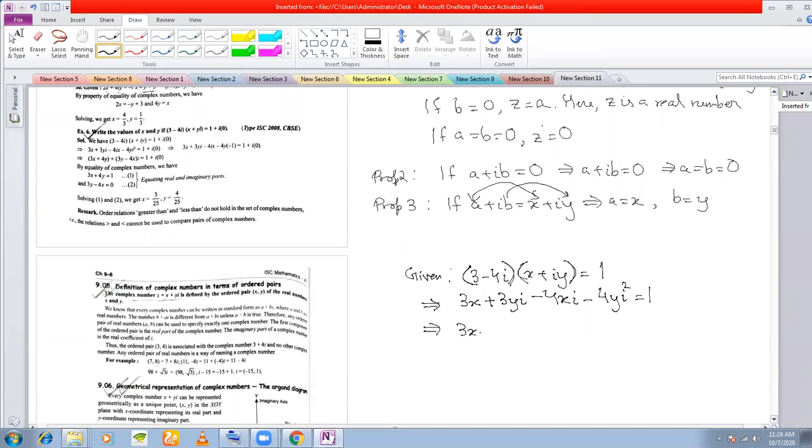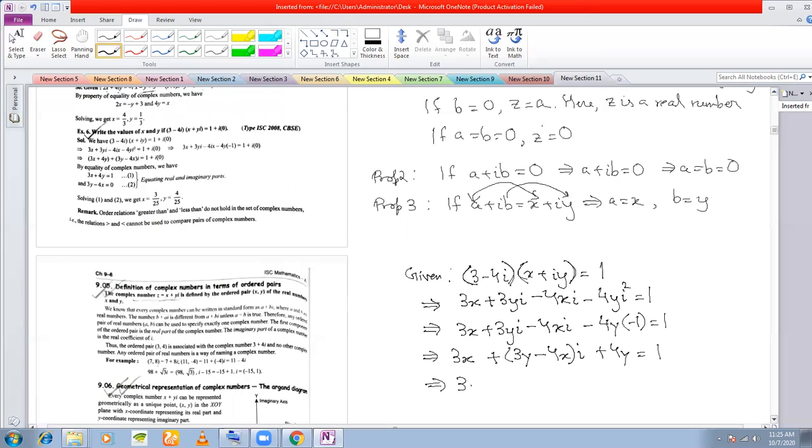That means 3x plus 3yi minus 4xi, and i square is minus 1. That means you get 3x, and now you take the i's together. So 3y minus 4x I have taken together, and this becomes plus 4y is equal to 1.